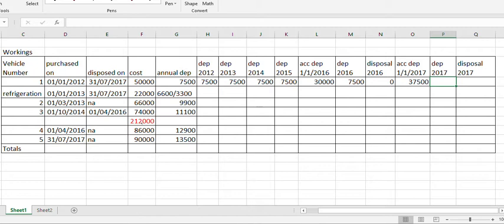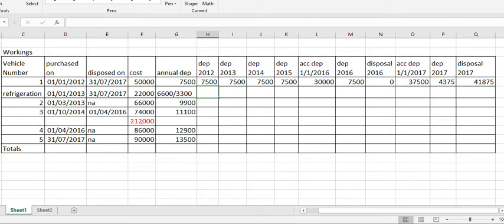We dispose of this vehicle in 2017 after 7 months, so depreciation would be the full year's depreciation divided by 12 multiplied by 7, which gives me 4375. So the disposal figure will be the accumulated depreciation plus the year's depreciation, 41875.